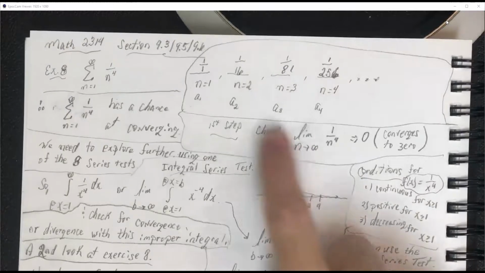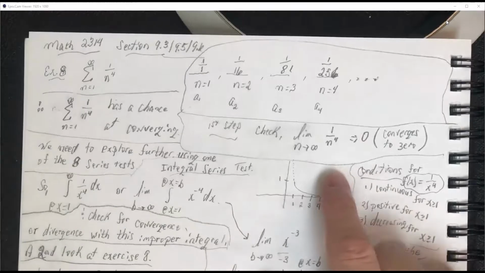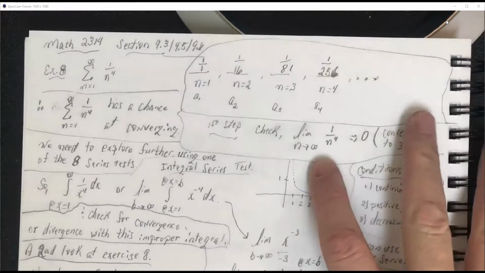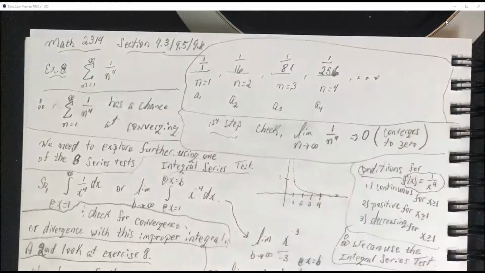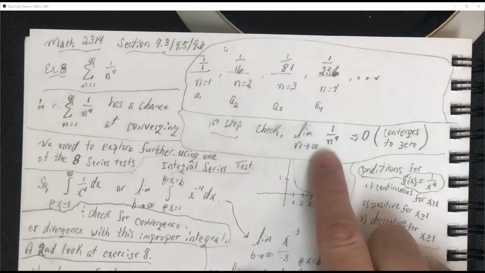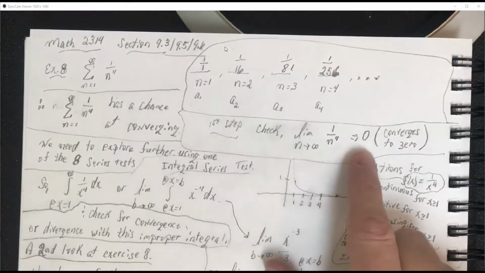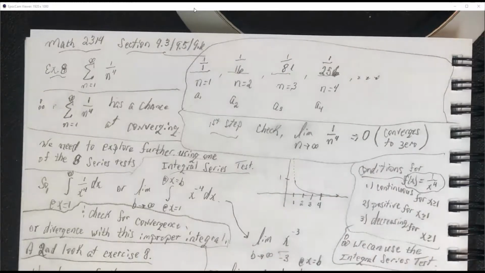We can look at that visually or observationally, put these numbers in a calculator, or just take the limit. If we take the limit of the formula of the sequence, then we have 1 over n to the 4th, and the limit as n approaches infinity. So 1 over a bigger and bigger number gets closer and closer to what? To 0. So we can say it converges to 0.